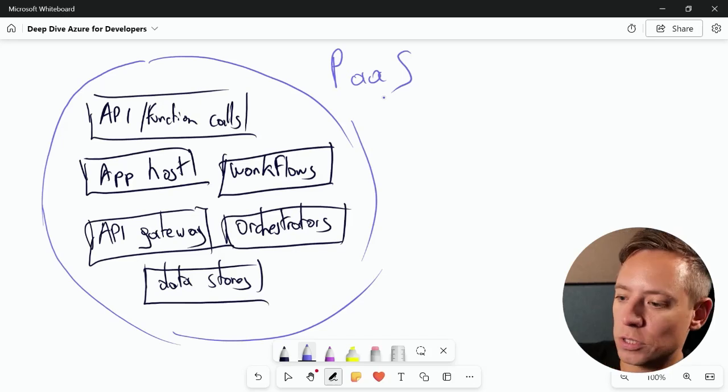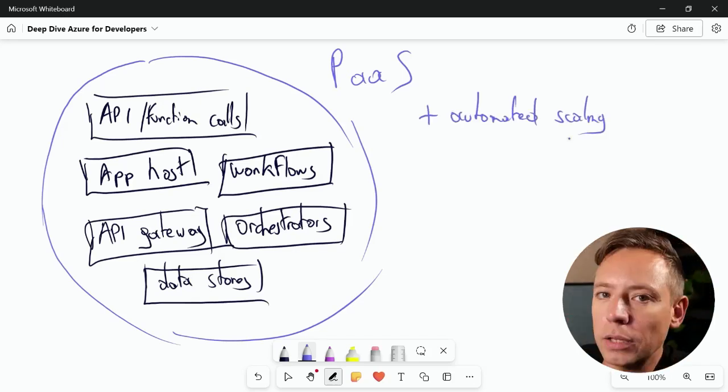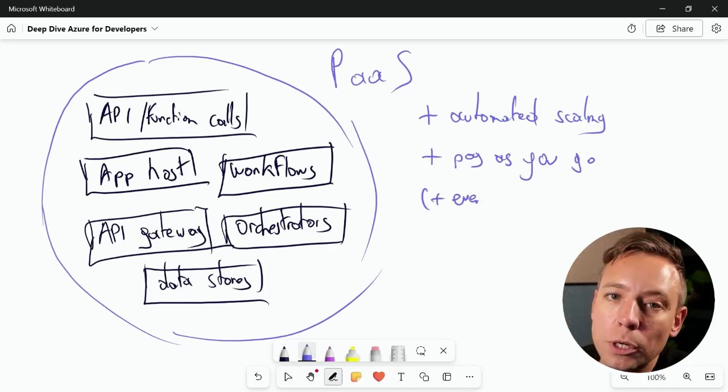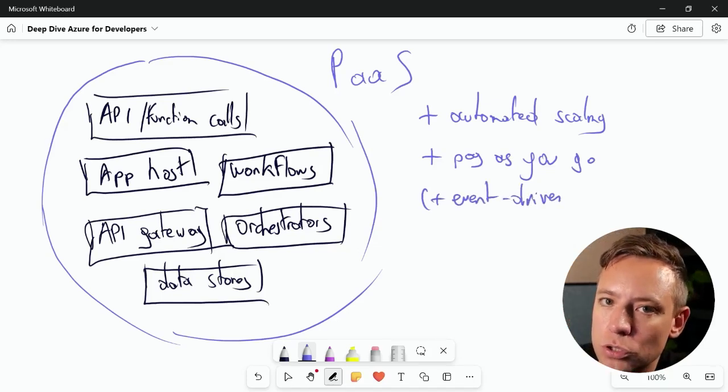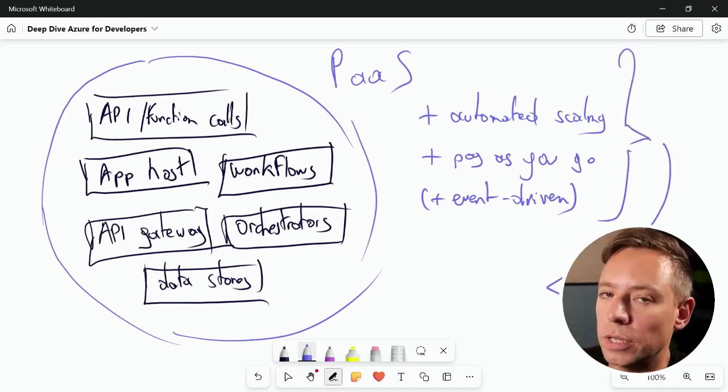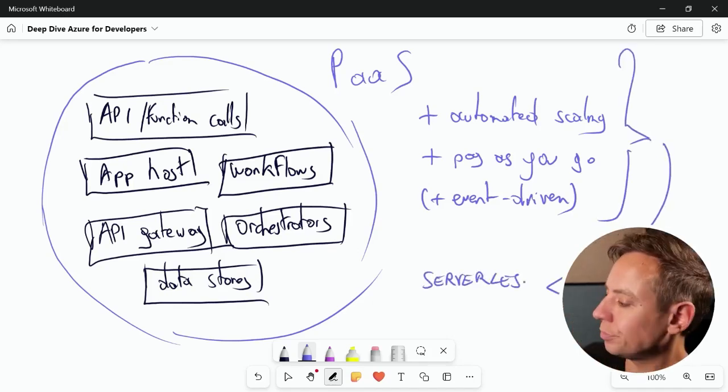Other characteristics were automated scaling and the cost efficiency that comes with only paying for the compute resources you need. Pay as you go. That is then typically combined with event-driven approaches, although that last one is not a must. Combine these and then you've got a serverless approach.